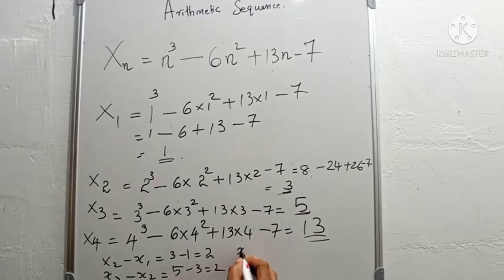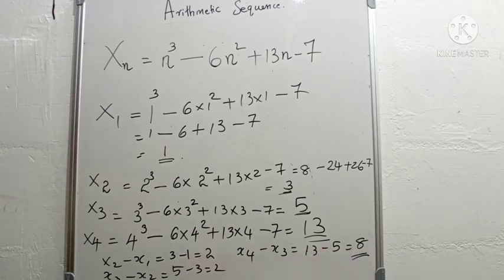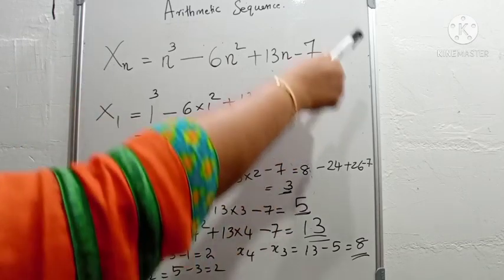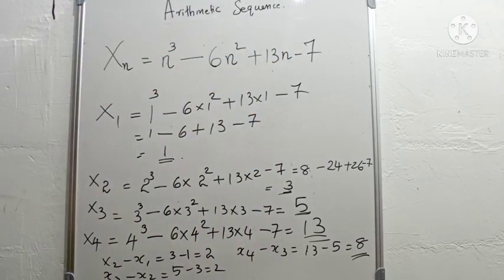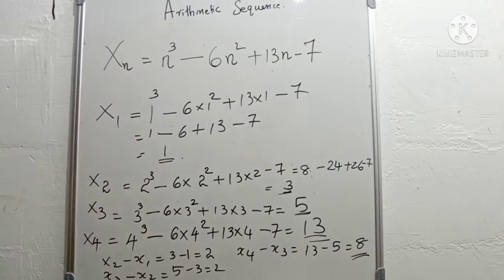But what about x4 minus x3? x4 minus x3 is equal to 13 minus 5, that is equal to 8. That means there does not exist a common difference. Therefore, we can say that this one is not an arithmetic sequence, or this is not the general form of an arithmetic sequence.